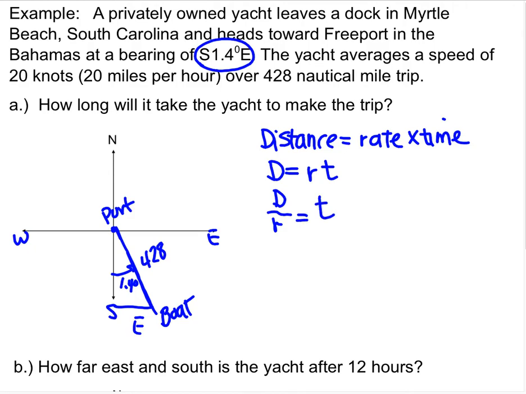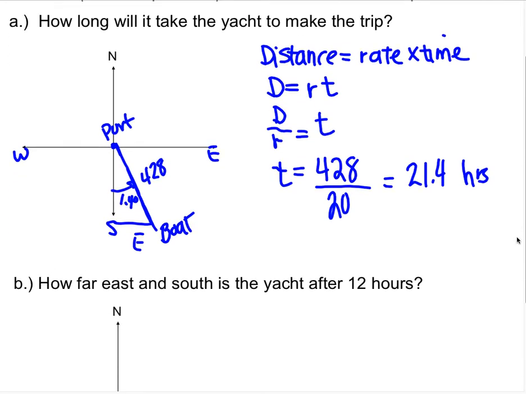Now let's substitute what we know in. The distance that we travel is 428 nautical miles over the rate, the speed of the boat at 20 miles per hour. When we divide that, we get 21.4 hours.